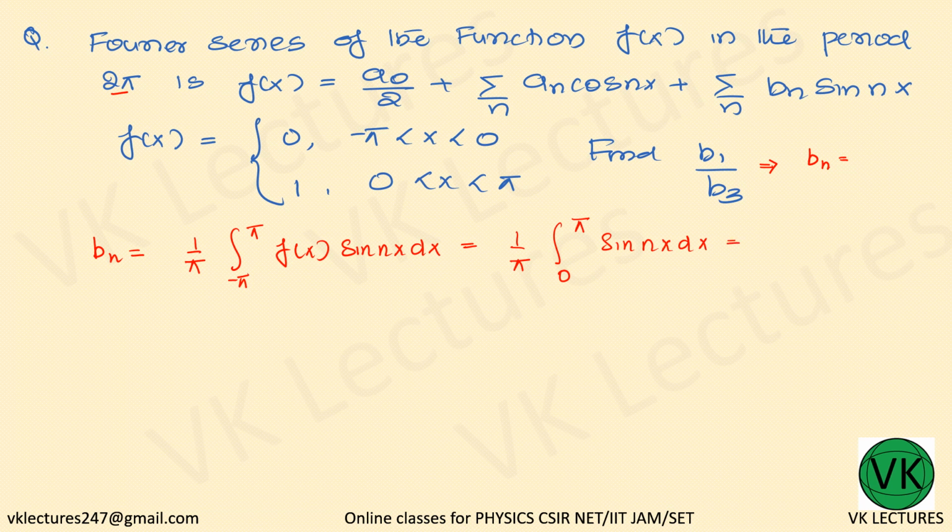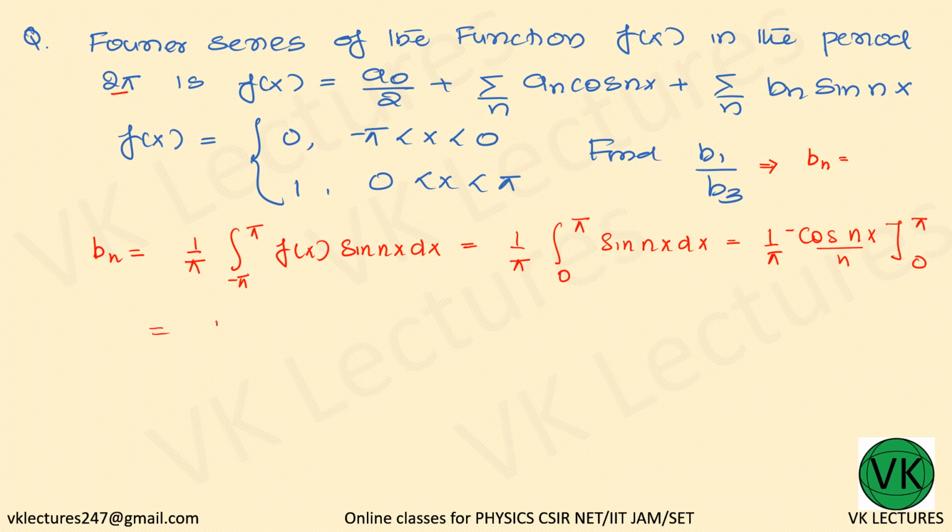So that's equal to 1 by pi into, the integral of sine nx is cos nx divided by n with a minus sign, and the limits are from 0 to pi.